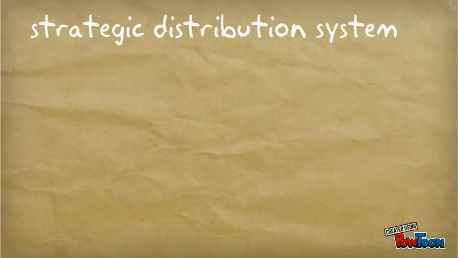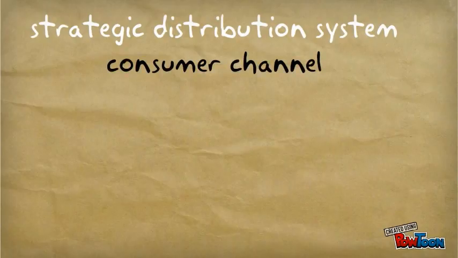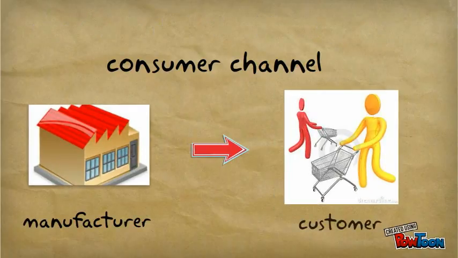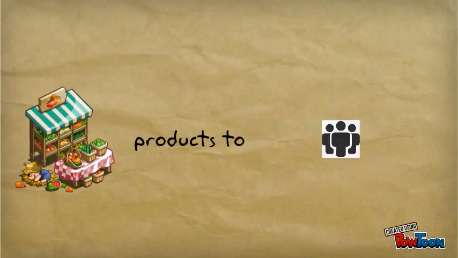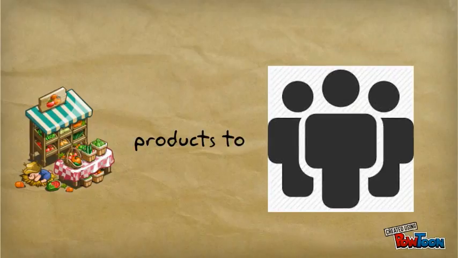Three strategic distribution systems. First is the consumer distribution channel, which involves a direct link between manufacturers and customers. One example is the market, where a product is usually sold directly to the consumer. This channel goes from manufacturer to consumer, just like in direct marketing usually done by personal selling, telephone selling, and through social media or the internet.